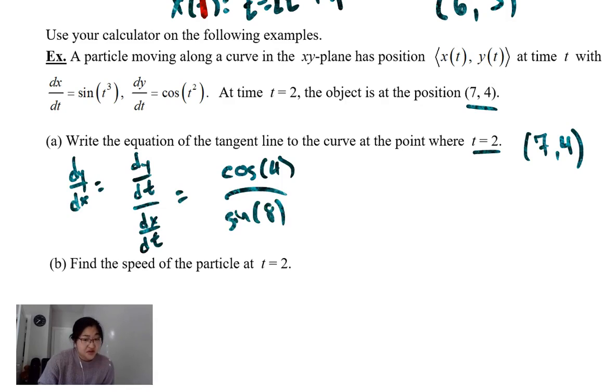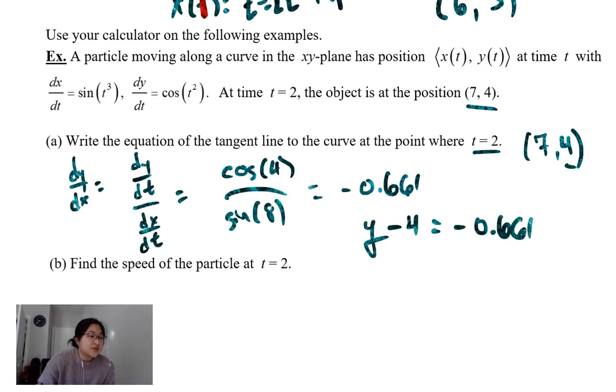And you should probably put that in your calculator. And so then you get something like negative 0.661. So then your line is going to be y minus 4 equals negative 0.661 times x minus 7.